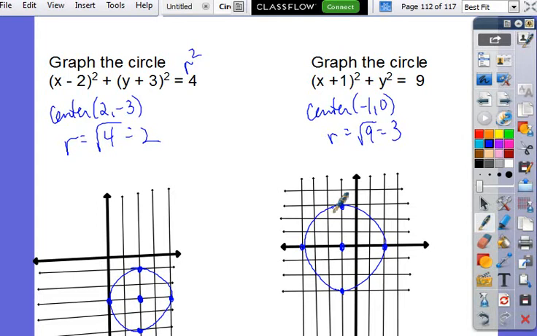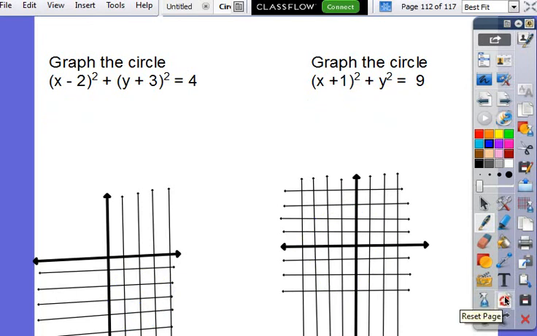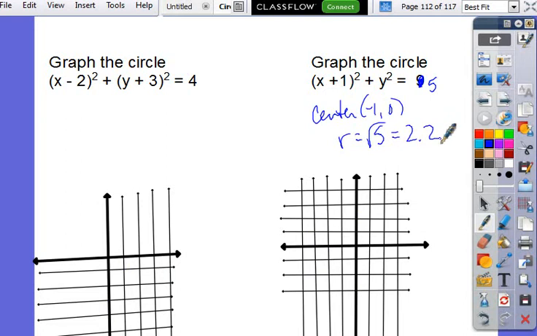All right. Look at this one over here, and let's pretend that this is a 5. Center is still going to be the same, −1, 0. And the radius, in this case, is the square root of 5, which, if you do it on the calculator, is about 2.2.